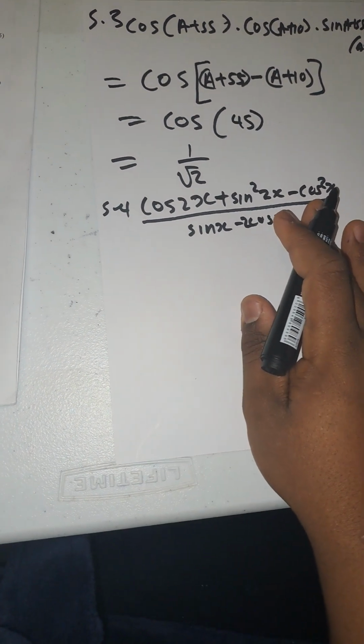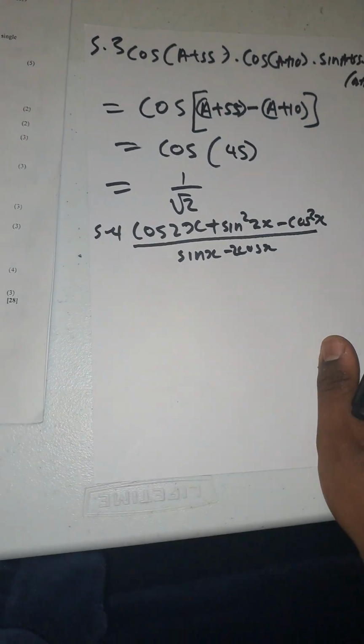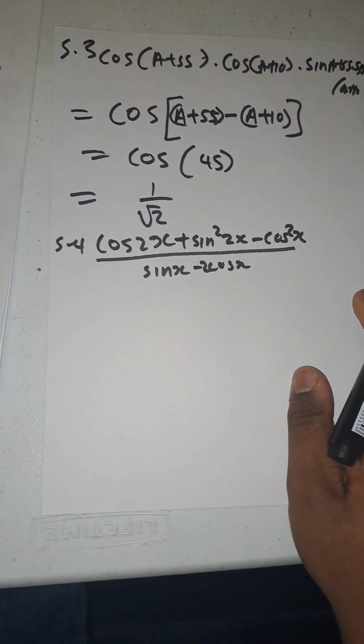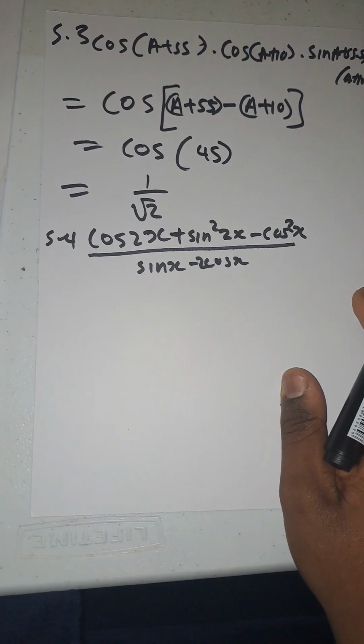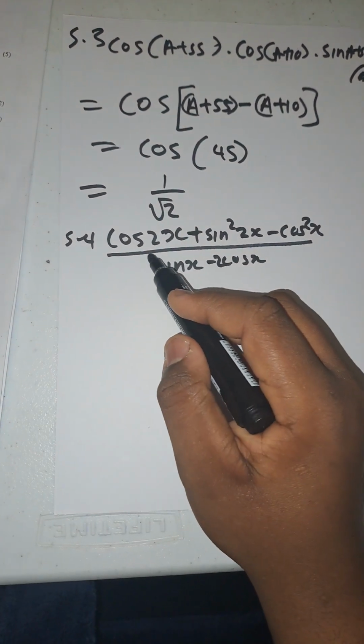So now, let's relax. Don't panic. We got this. The first thing that you have to do is check what we have. We can see that I have my identity, which is cos 2x.